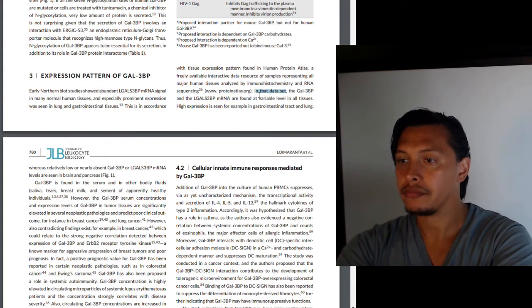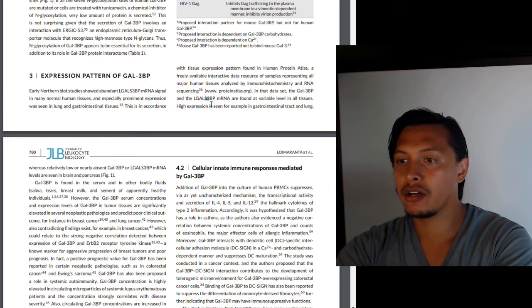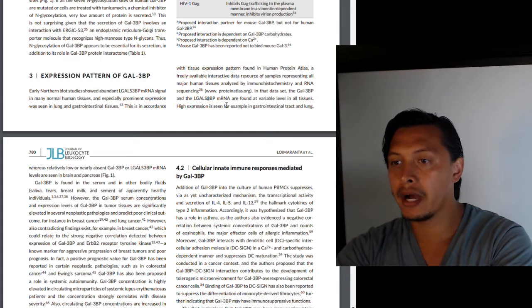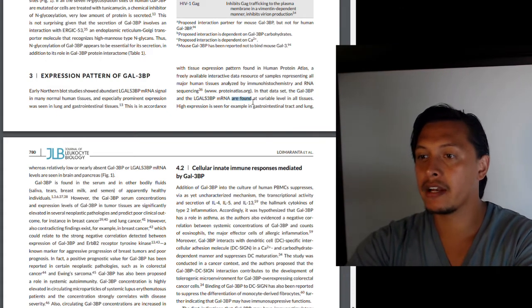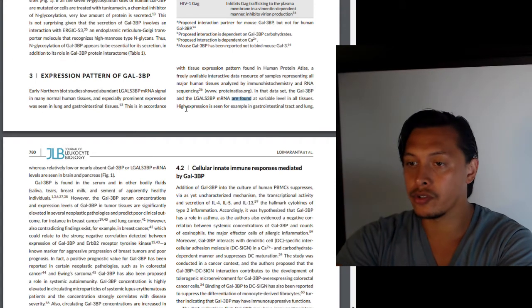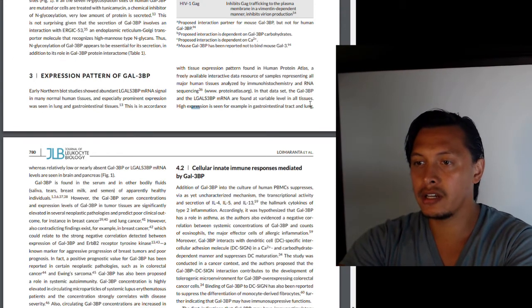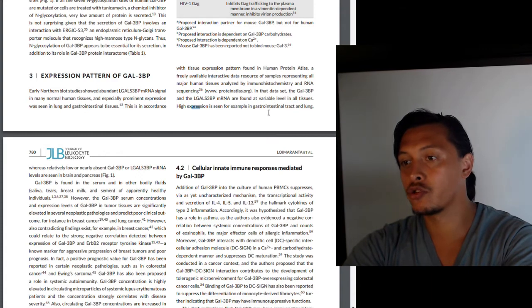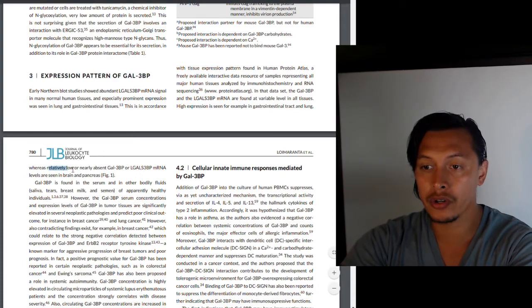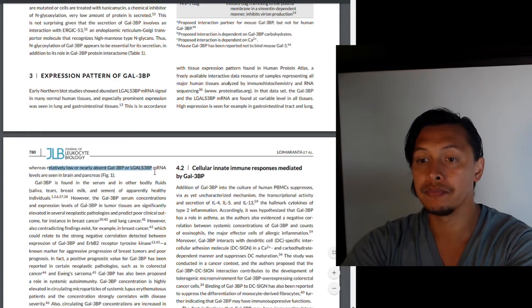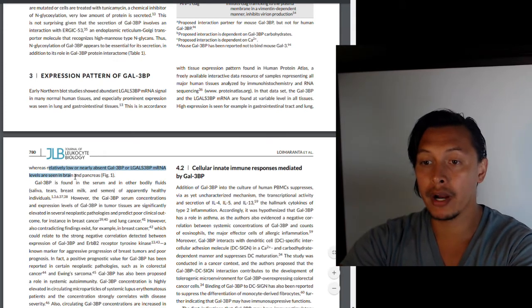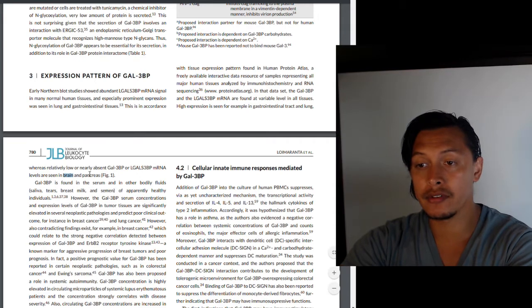So, in that data set, the LGALS3BP mRNA is found at variable levels in all tissues. High expression is seen, for example, in the gastrointestinal tract and lung, whereas relatively low or nearly absent galectin-3 binding protein is seen in the brain and pancreas. So we normally have very low abundance of this galectin-3 binding protein in the brain and the pancreas.